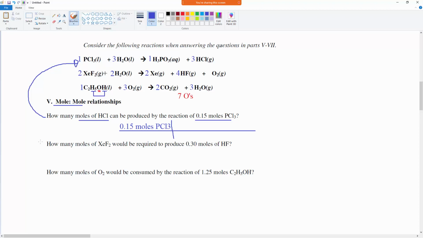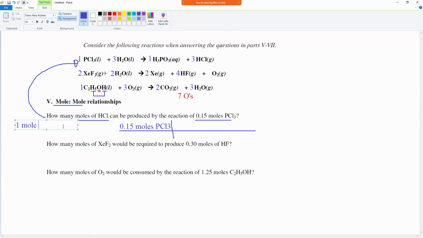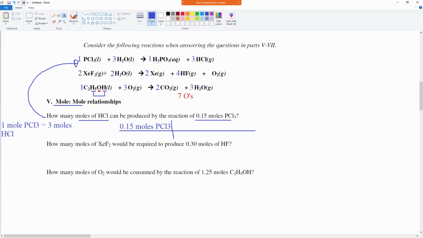Yeah, we're going to use this: 1 mole PCl3 is equal to 3 moles HCl. Okay. So when I put this in here, what's going to go on the top? What's going to go on the bottom?